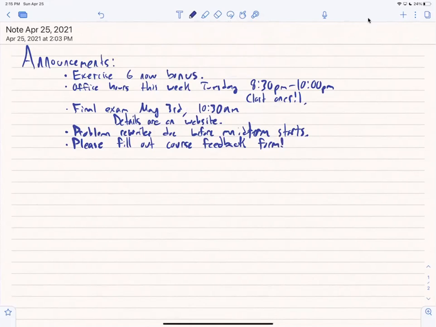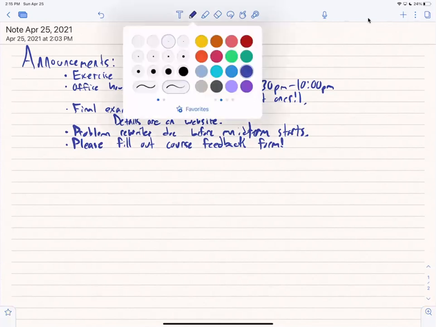So it will be very helpful for me if you can actually fill out that feedback form. I know it's easy to let that thing slip, but especially since there are so few students registered, it'd be really helpful if those who are could fill out that form. Okay, so that's all the announcements.